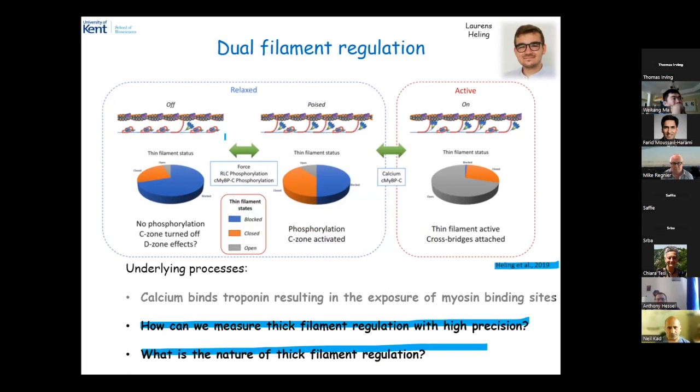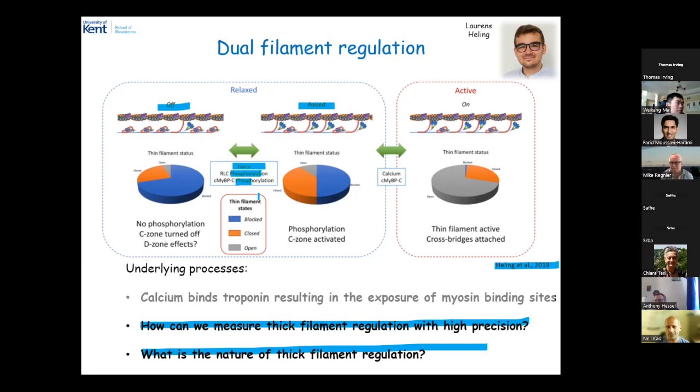In this review, we looked at the existing data out there, and it seemed that the relaxed condition of muscle can be considered as 2 different states: essentially completely off, or, as we called it, poised. This poised state is modulated by force, phosphorylation of RLC, or myosin binding protein C, and those shift the equilibrium from the off to the poised state.